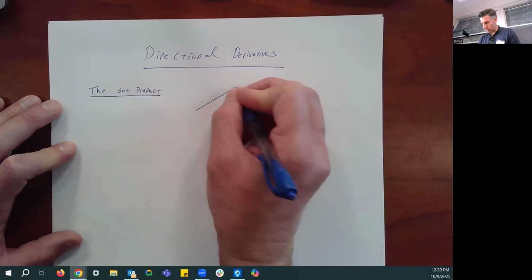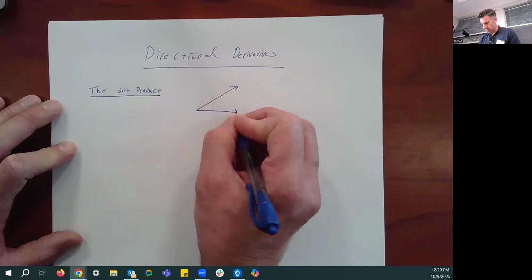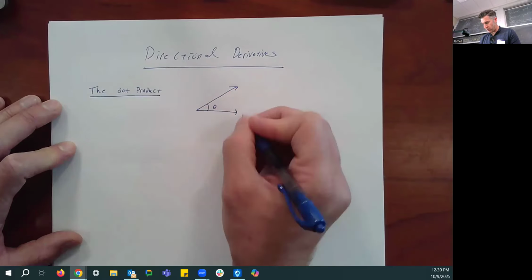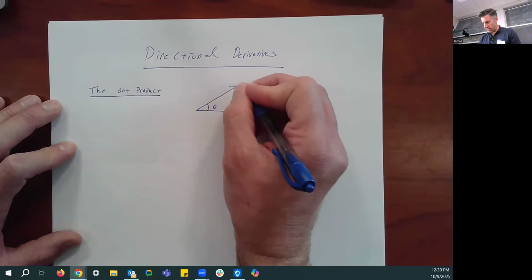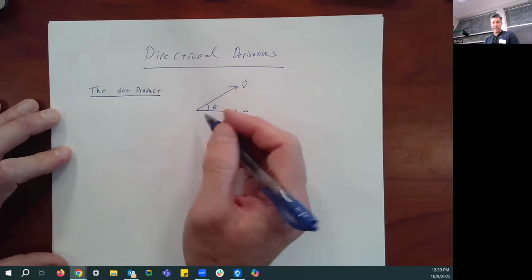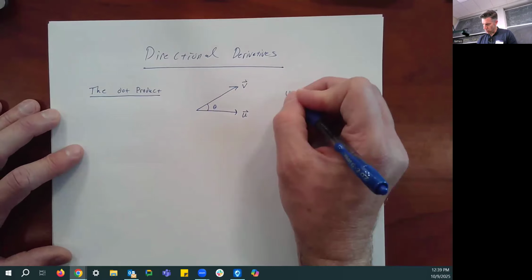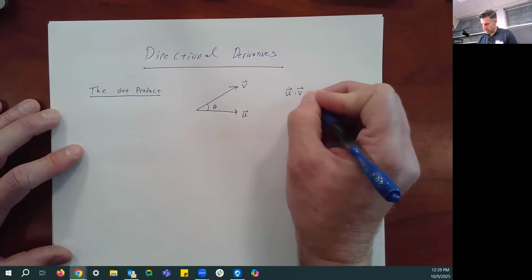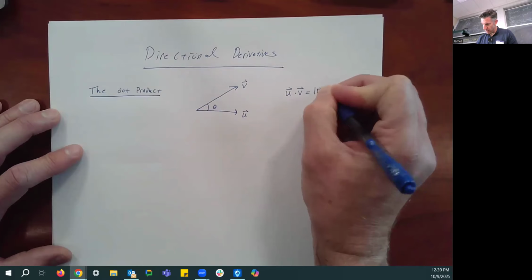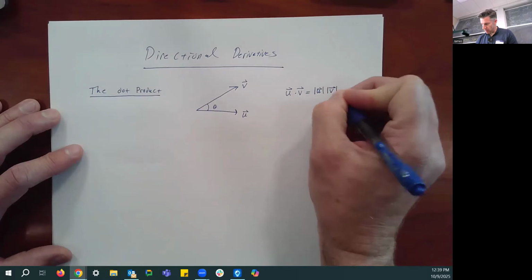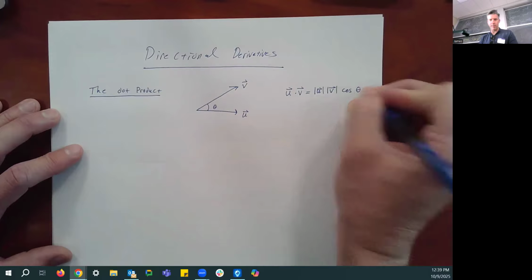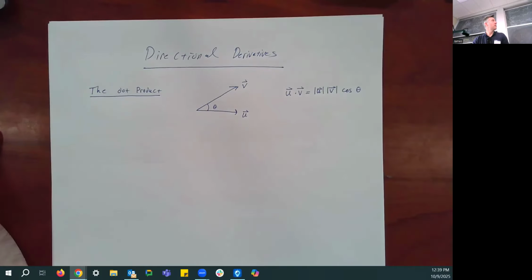Again, you really do want to think of it this way, not for calculation purposes: if you have two vectors, u and v, and the angle between them is theta, we're going to say that u dot v is equal to the length of u times the length of v times cosine of the angle between them. Not a very useful formula in that you almost can never actually calculate the dot product this way because you typically aren't given the angle between two vectors.